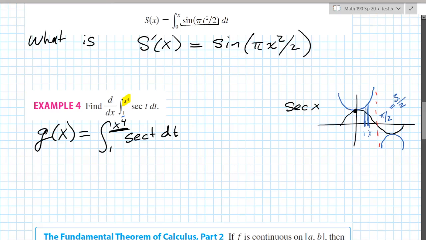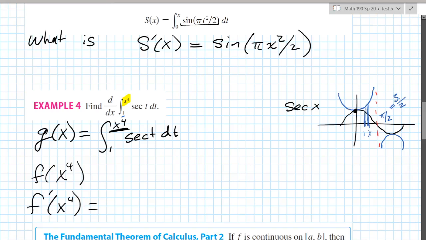The chain rule says the derivative of, if I think of it like this, instead of g of x, if I call it f of g of x, where the inside stuff is an x to the 4th instead of an x, then what's the chain rule say the derivative is?